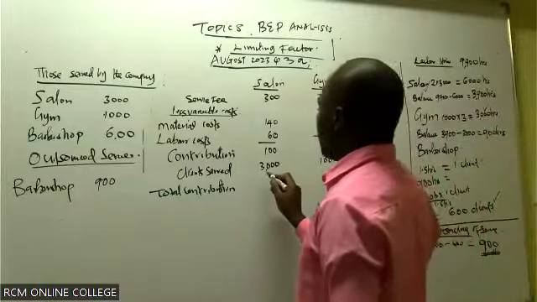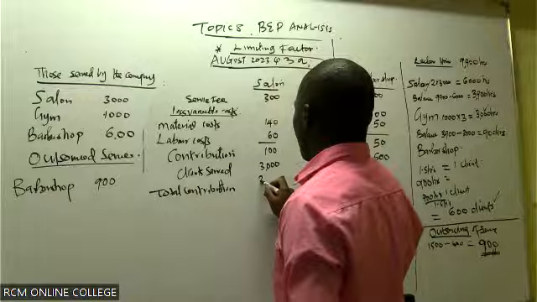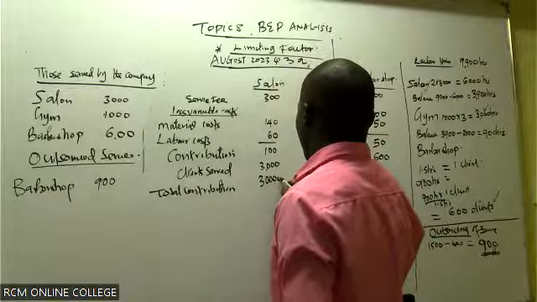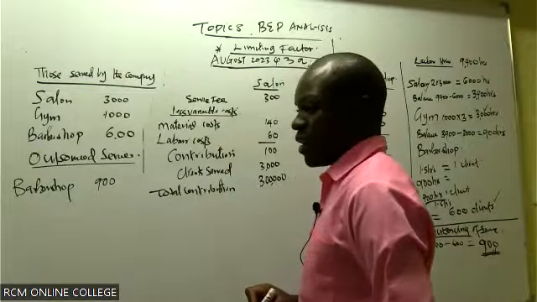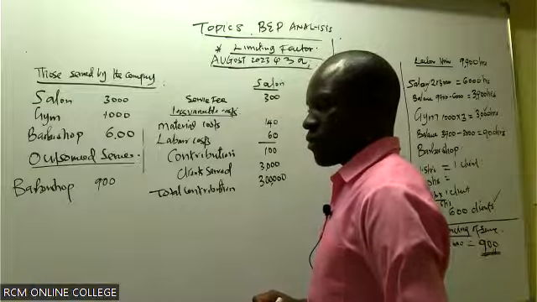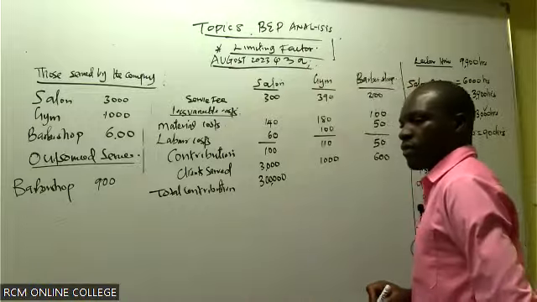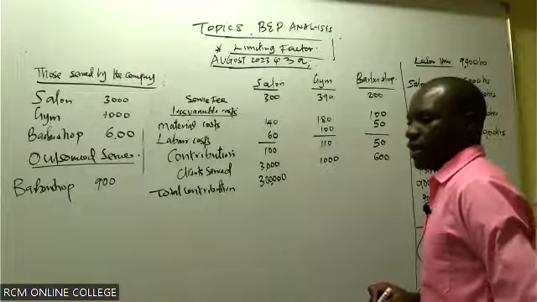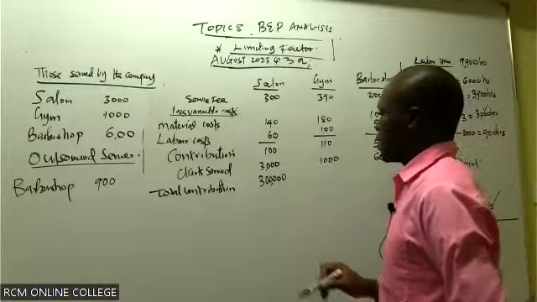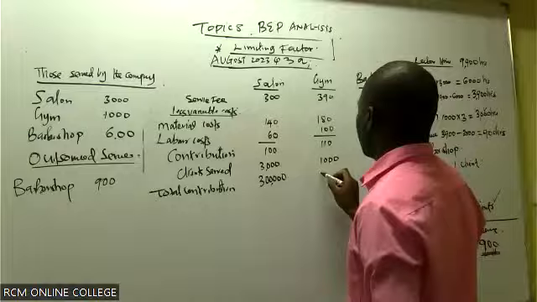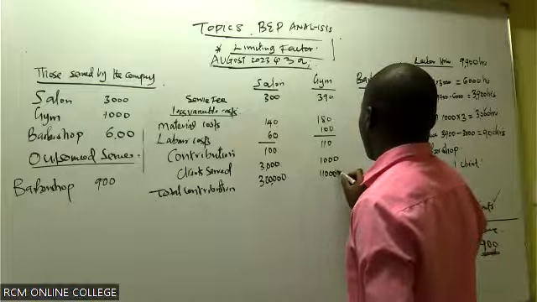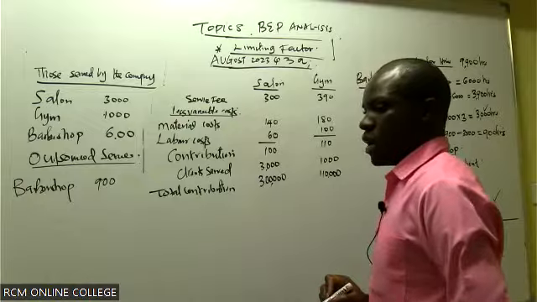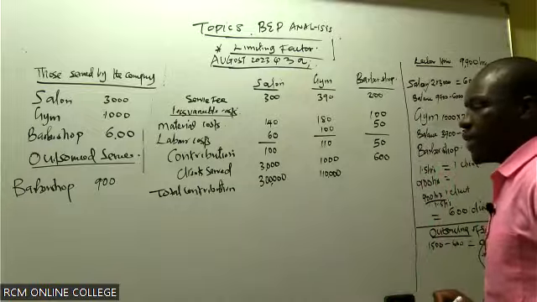So here I'll be having 300,000. Confirm, please. Here I'll be having 110,000.